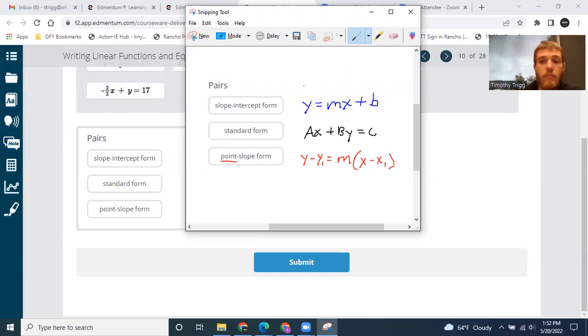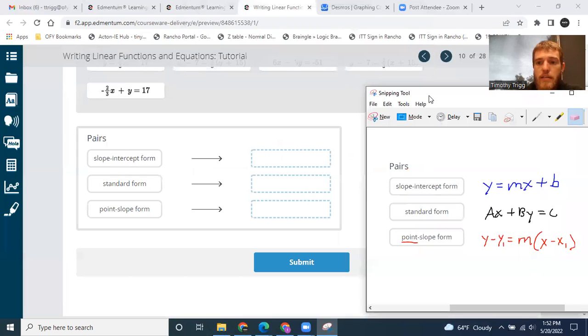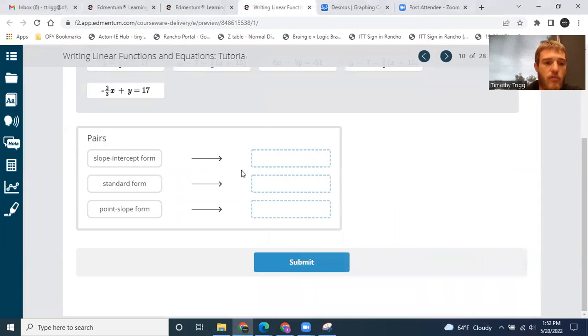I would say the most important one by far is the slope-intercept form. This is the easiest form if you're looking to graph the line, and that should be the one you take the most effort to memorize. Let's use these forms and figure out which of these equations are in various forms.